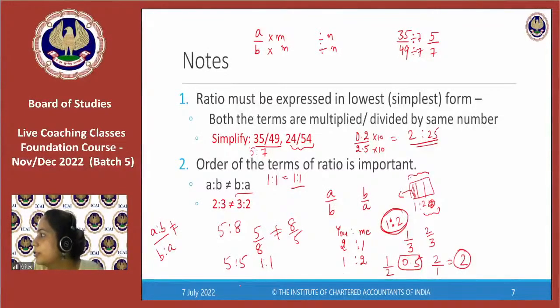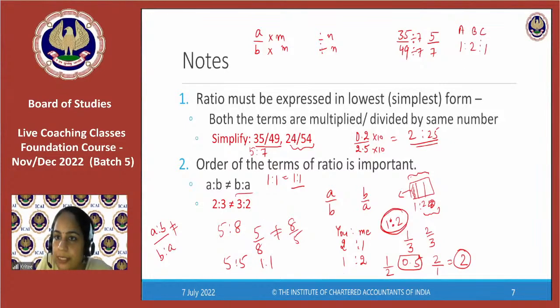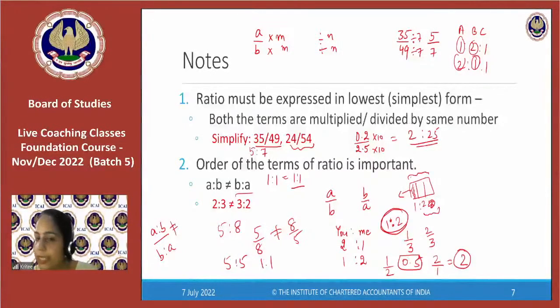Of course, order is important. Atharv is asking, I just mistakenly gave you this 1:2:1, is the order important here? Yes, it is important here. This is A, B, C. So if I say 2:1:1, I have changed the order of the terms. Of course, your share will be changing. So order is important in all cases, whether it is the continued ratio with 3 terms or the ratio of 2 numbers.